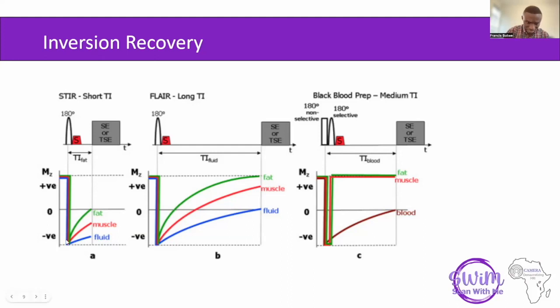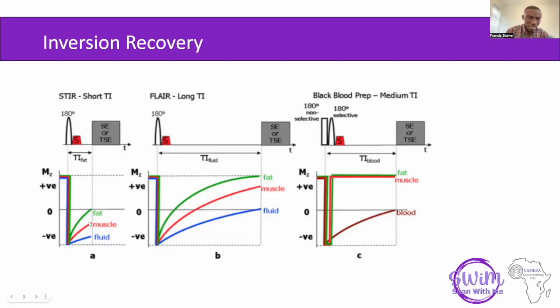The signal recovers gradually, and it gets to a point which we call the null point at 0, where you cannot have any signal coming from that part. And at that point, that particular tissue will look dark because there's no signal coming out from it.